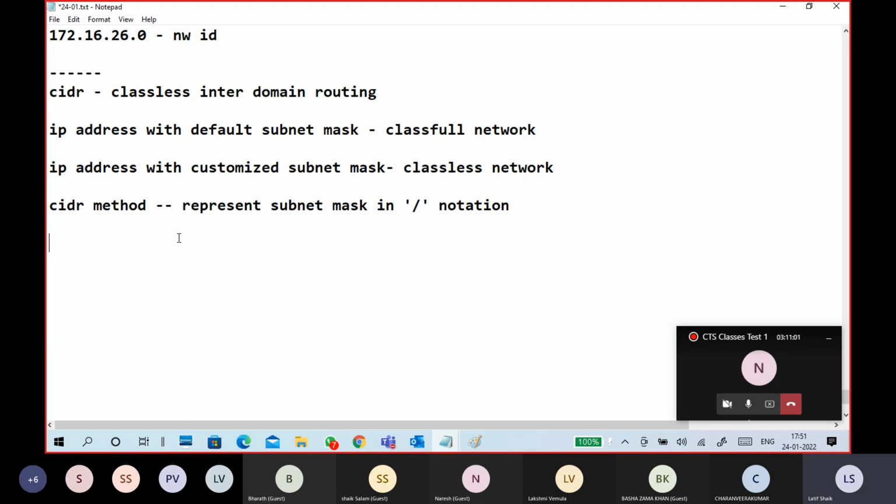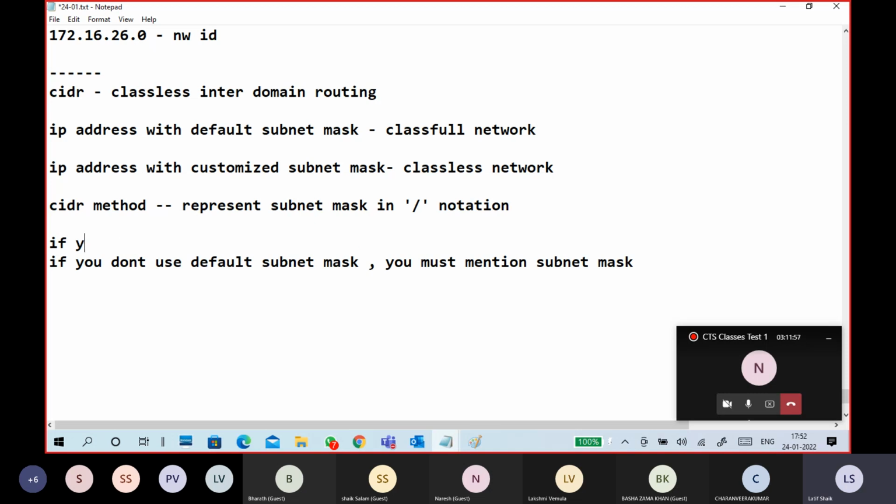That is important. For a classless network, if you are not using the default subnet mask, you must mention the subnet mask.